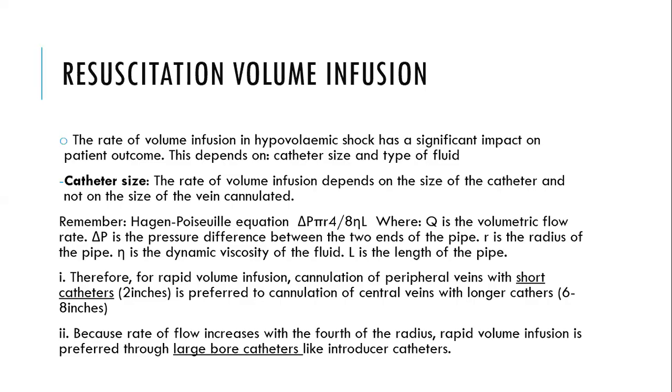So for rapid volume infusion, it's important that we cannulate the peripheral veins that require short catheters, at most 2 inches.